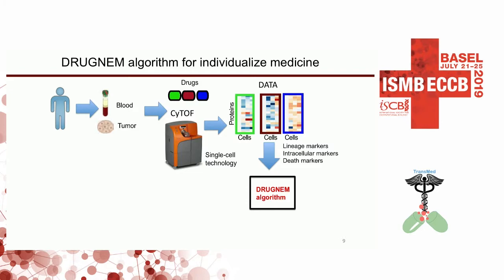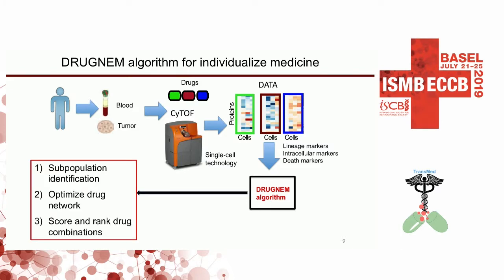And with this, the algorithm is going to combine a subpopulation identification state, followed by optimizing a drug network using the drug effects, and then it's going to use the network to score and rank the drug combinations. And with this ranking, it can then identify optimal combinations for the patient.